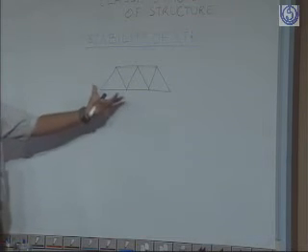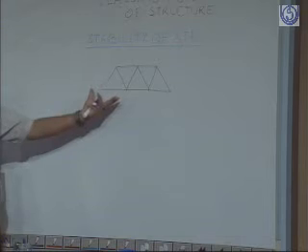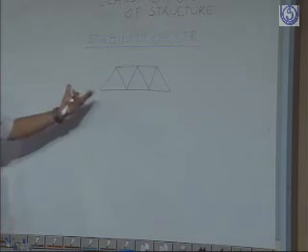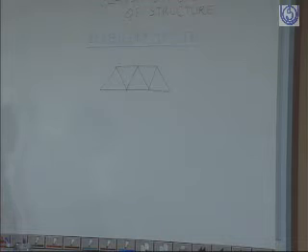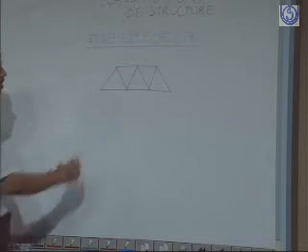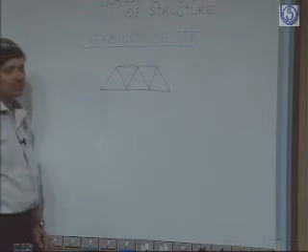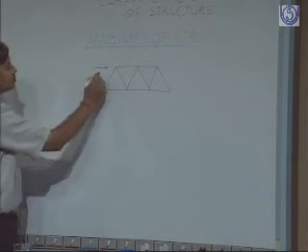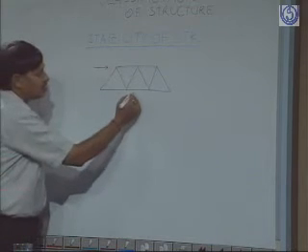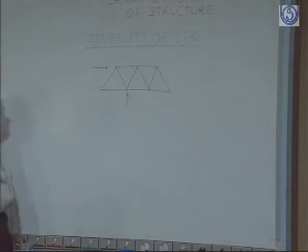One is called external stability, that is when, suppose, no restraining force is there from outside. So if you put any force in this direction or in this direction, the truss will move, the entire truss will move in these directions.